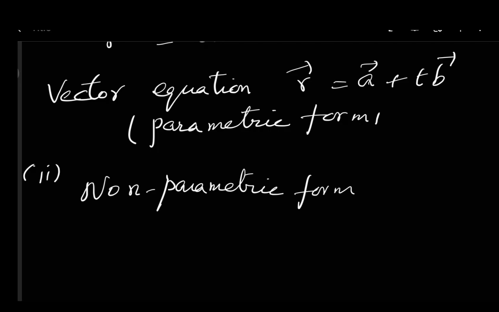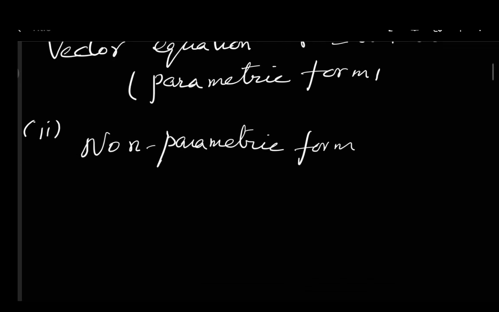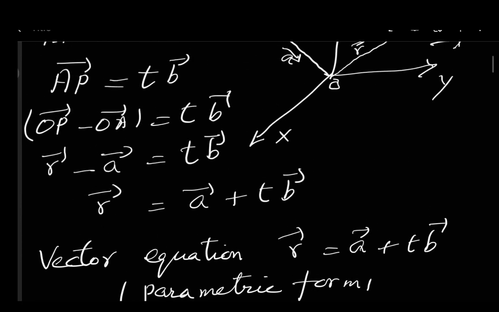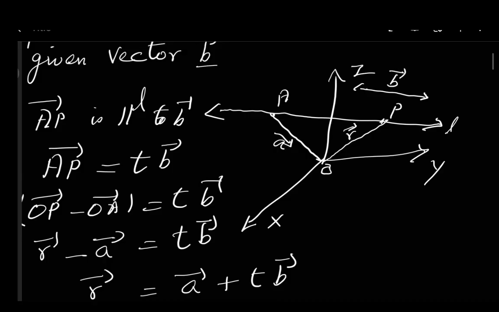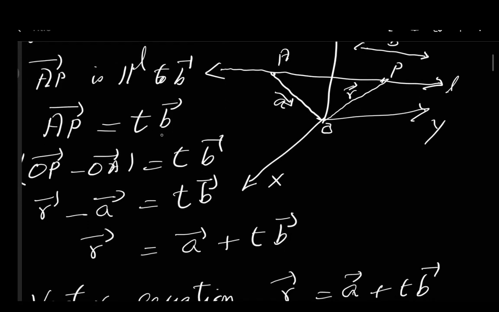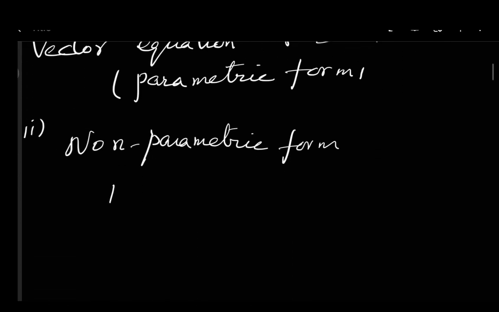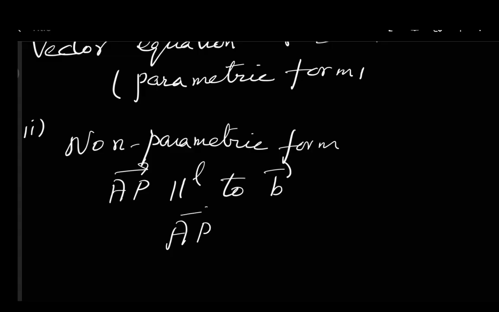So what is non-parametric form? We represent the equation either in the dot product or in the cross product. We have seen that AP is parallel to vector B. Therefore, AP can be represented as a scalar multiple of the other. And also we know one condition: since AP is parallel to vector B, their cross product is 0.